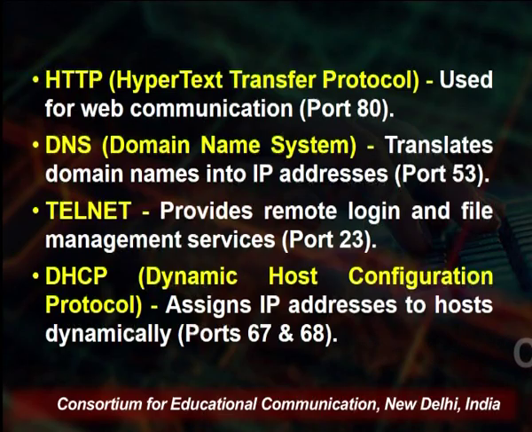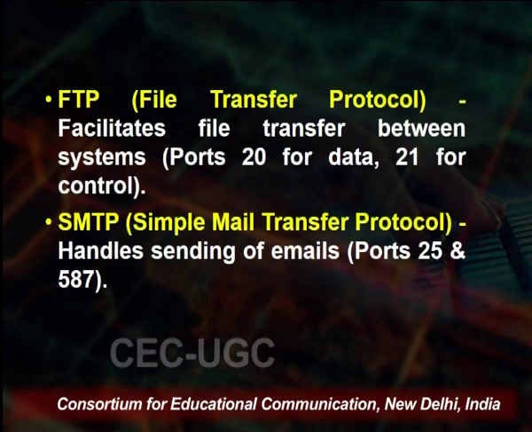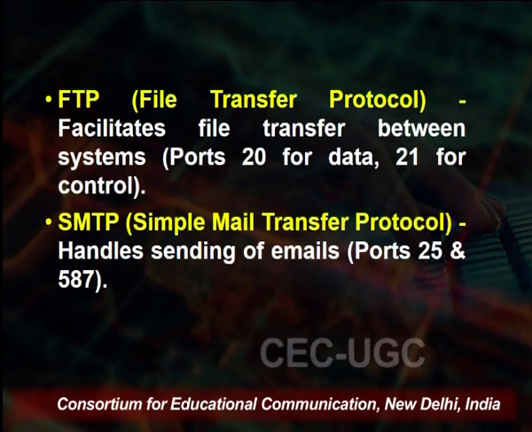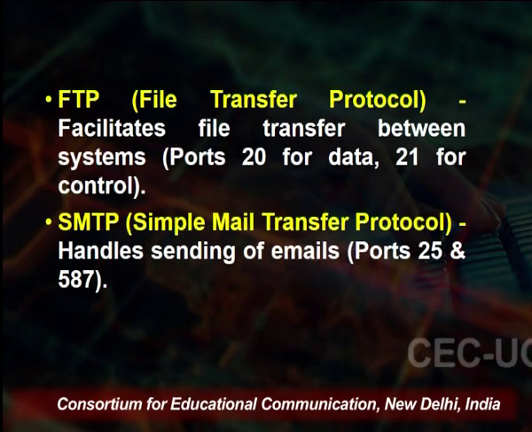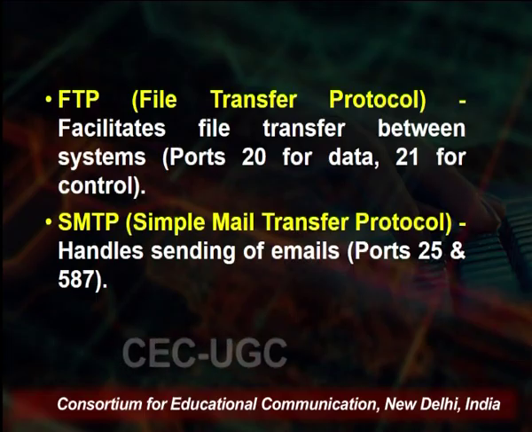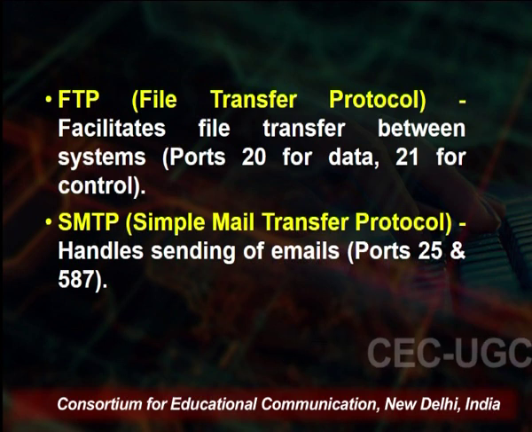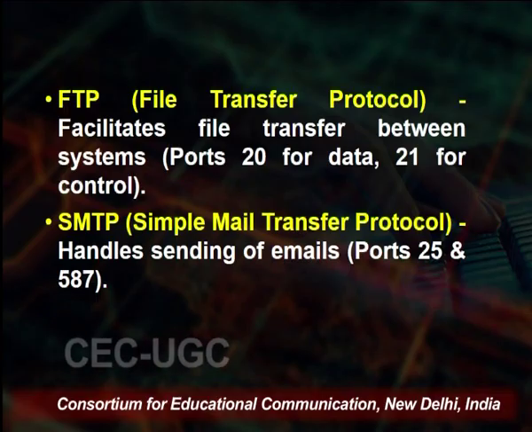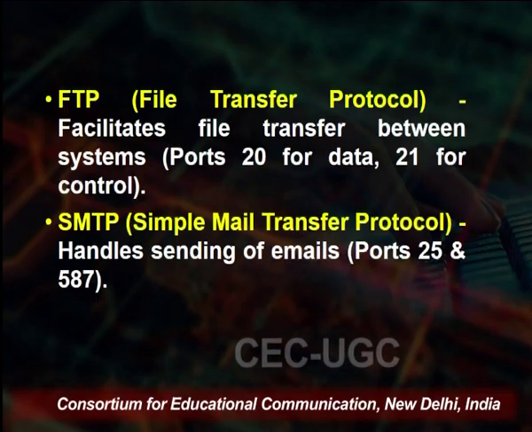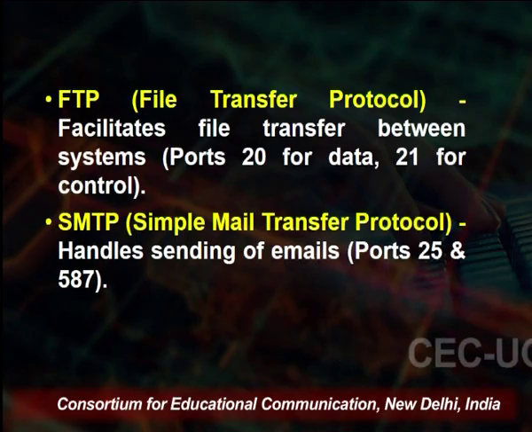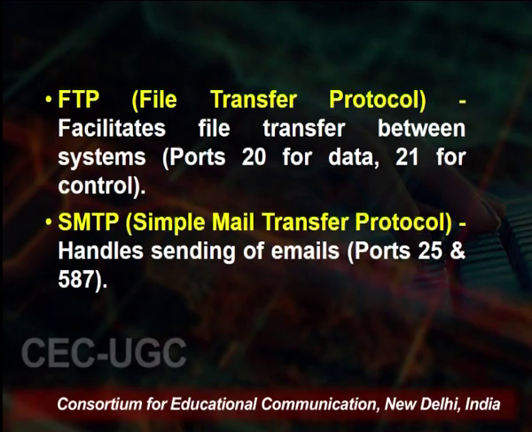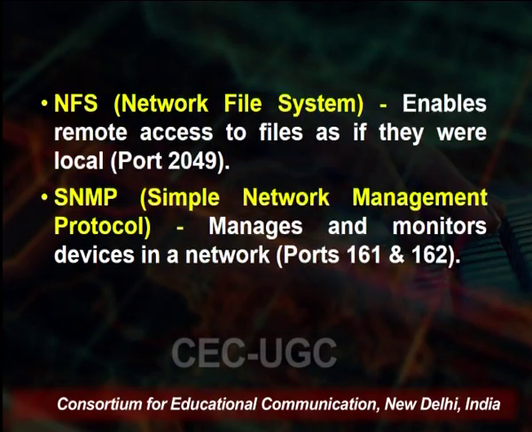Moving further in this list of application layer protocols, we have file transfer protocol, which facilitates file transfer between systems, port number 20 for data and port number 21 for control. Followed by SMTP, simple mail transfer protocol, which primarily handles the sending of emails, operates on port numbers 25 and 587.